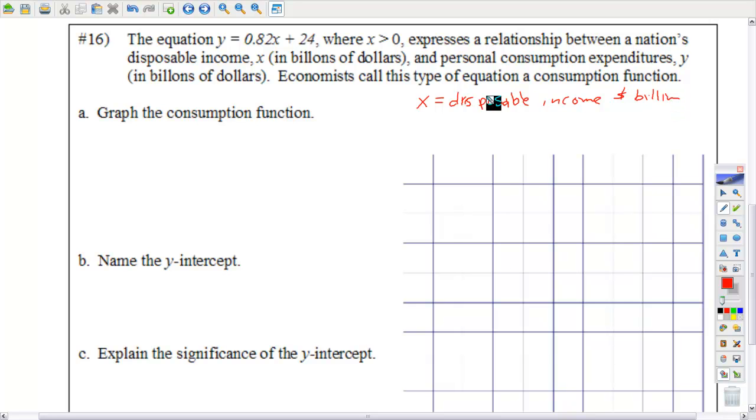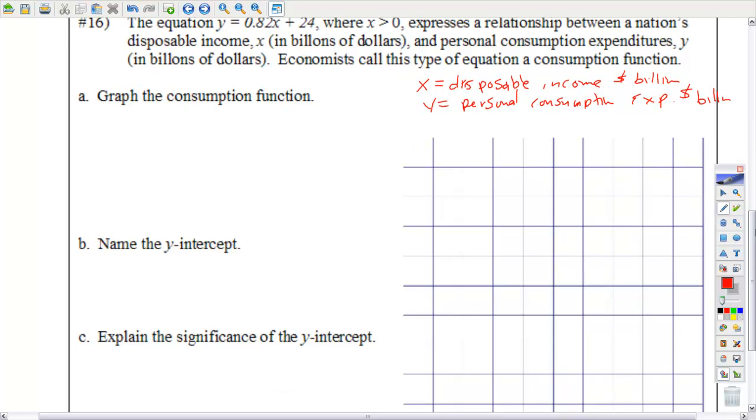In personal consumption expenditures, y is personal consumption expenditure in billions. Economists call this type of equation a consumption function.